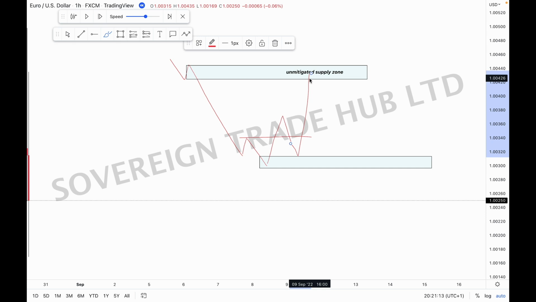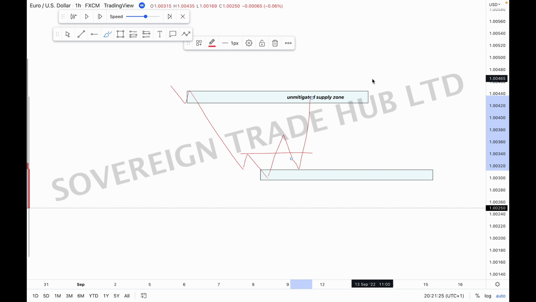Now, I equally want to add something also. Don't just jump into this unmitigated supply zone and take a sell. It's wrong. It is very, very wrong. You must also do something. You must equally wait for a change in market structure, a change of character, a break in market structure to trade.